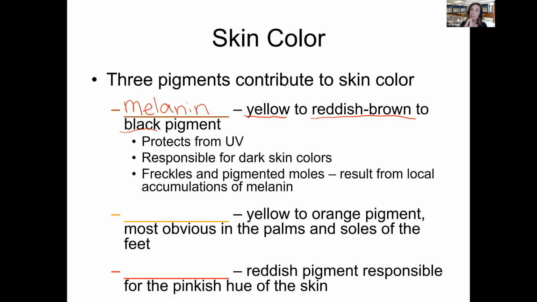The darker your melanin, the more protection you have from UV rays. This is why Caucasians have a much higher incidence of sun-linked skin cancer. It's because our melanin is not nearly as protective as opposed to someone who has a darker melanin, okay?